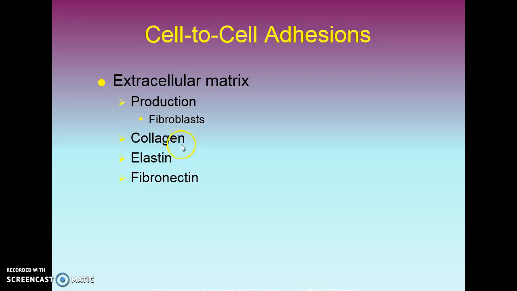The matrix is also composed of collagen, elastin, fibronectin, and as I already mentioned, it is thought of as glue, but it's not solid, so you have the ability to move and be flexible.